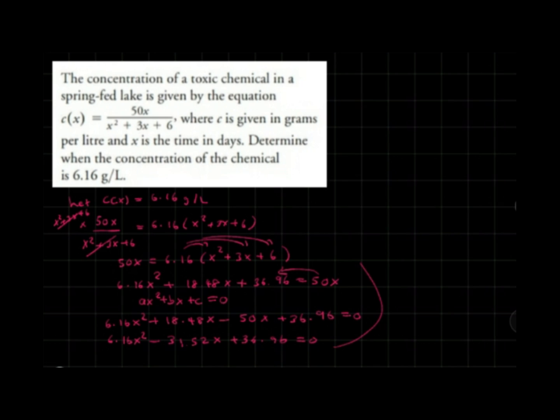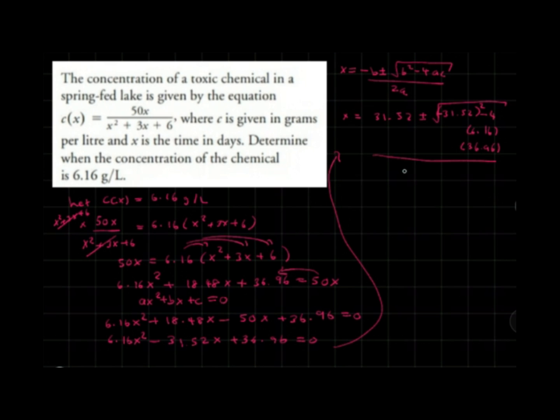And then I'm going to use the quadratic formula. So x is equal to negative b plus or minus the square root of b squared minus 4ac, over 2a, right? So if I'm solving for this, negative b here is 31.52, plus or minus the square root of b squared, which is negative 31.52 squared, minus 4 times a, which is 6.16, times c, which is 36.96.